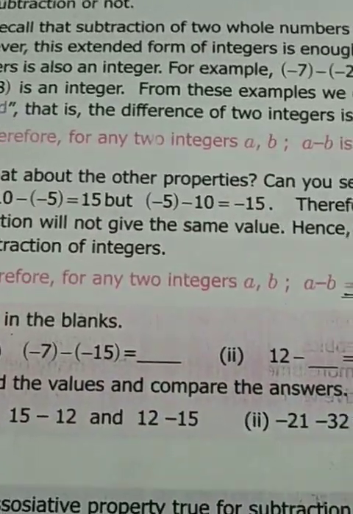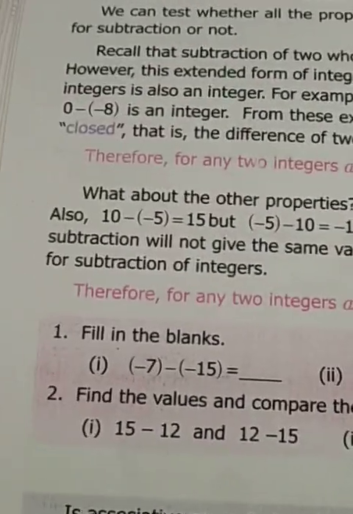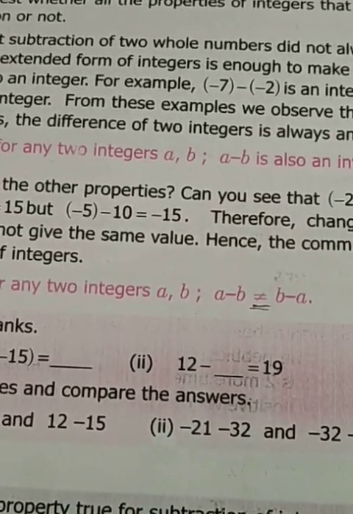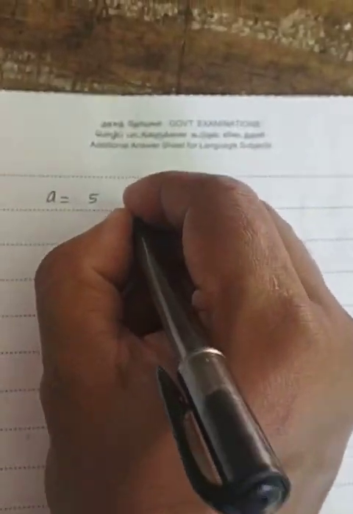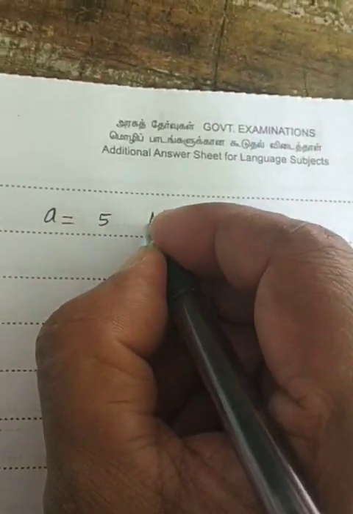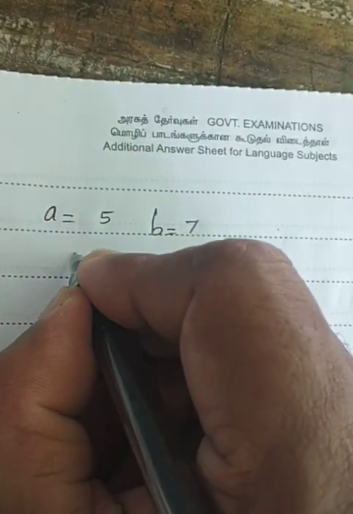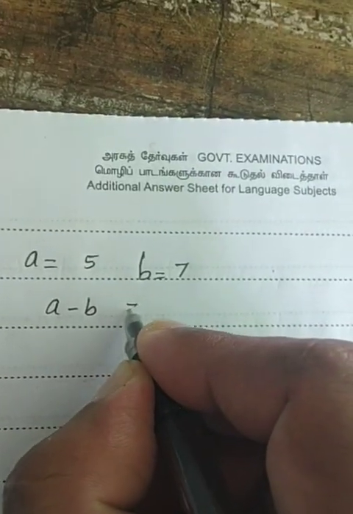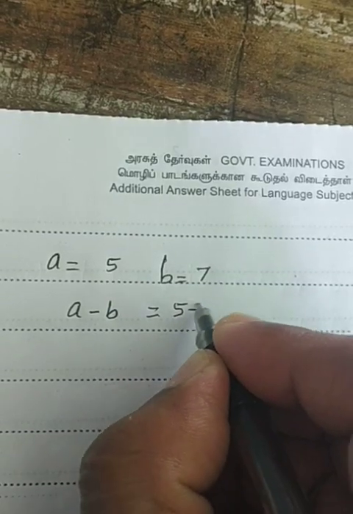Now let's see how the commutative property fails. For example, let a equal 5 and b equal 7. So a minus b, see what comes. A minus b is 5 minus 7.